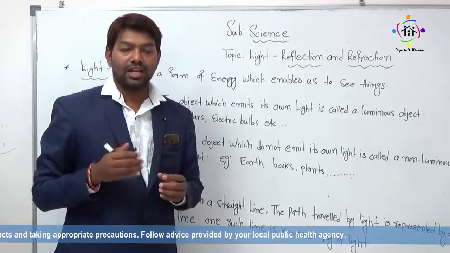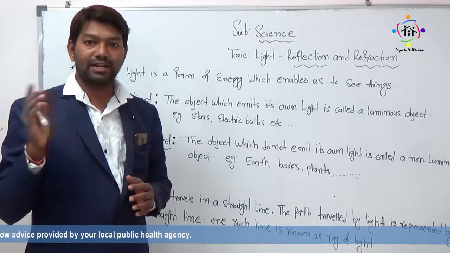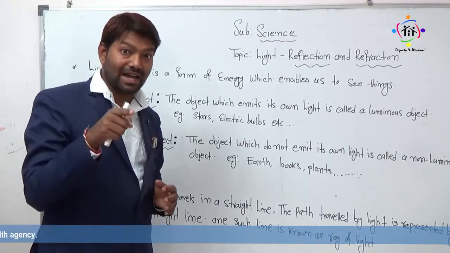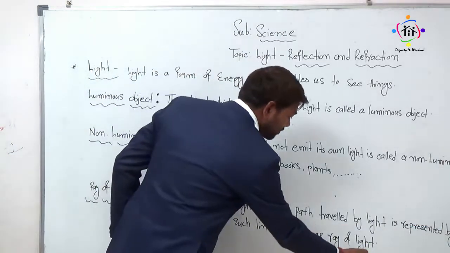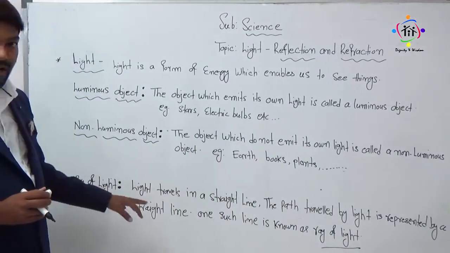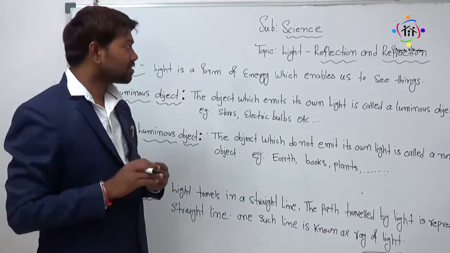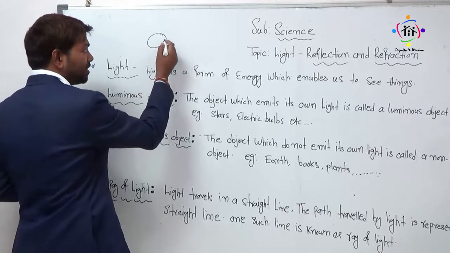When any object emits light, there are many rays. One of those rays from that light is called the ray of light. One more time you can see here: light travels in a straight line. Suppose this is the object. It emits light.